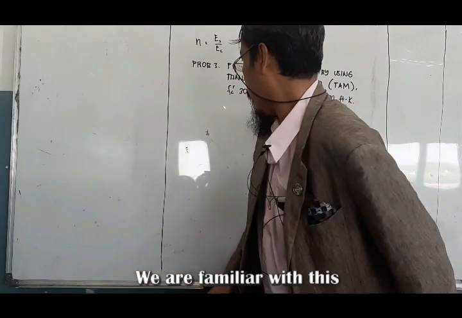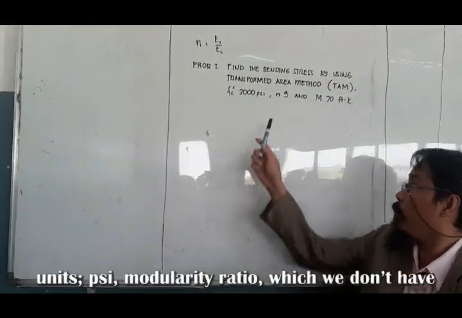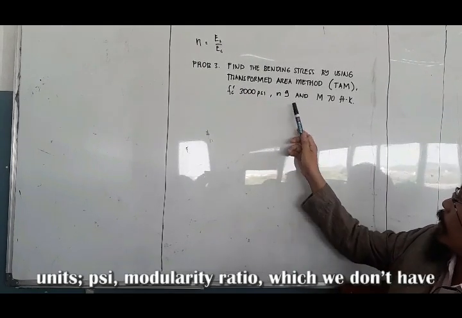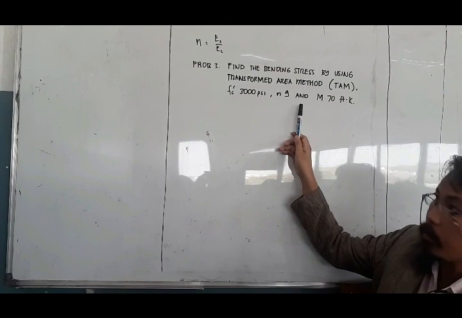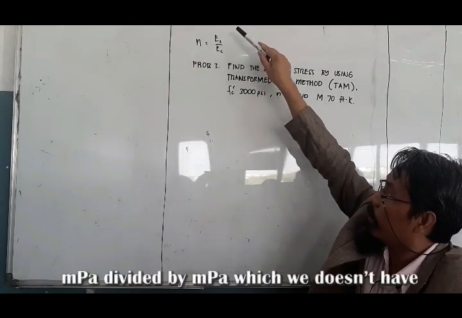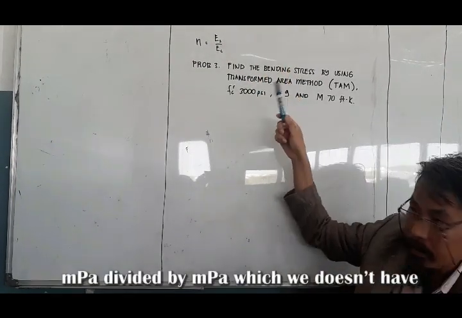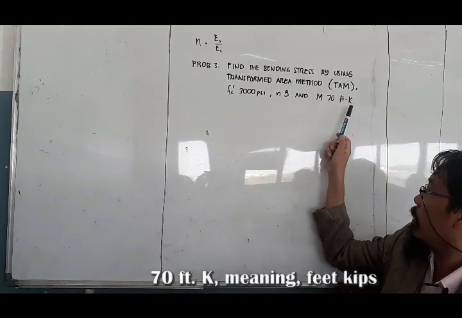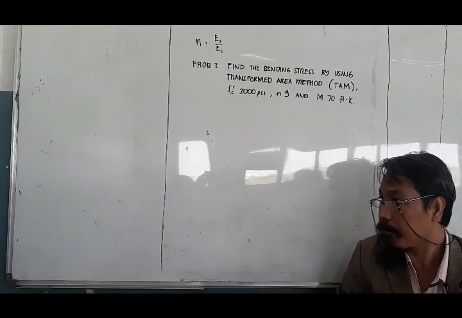We are familiar with this unit, PSI. The modular ratio does not have a unit because it is MPa divided by MPa, so it cancels out. So, 70 feet-kips.